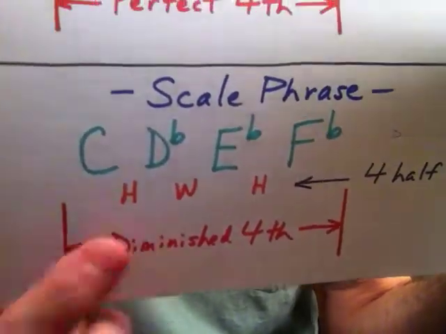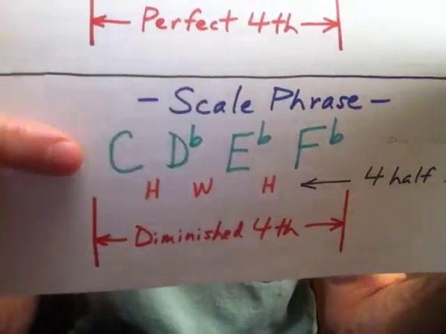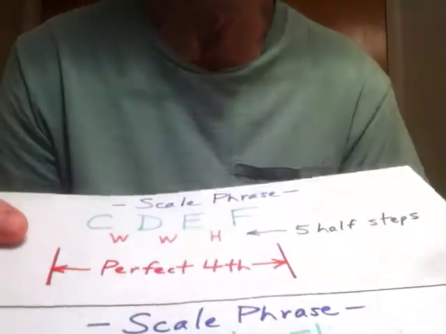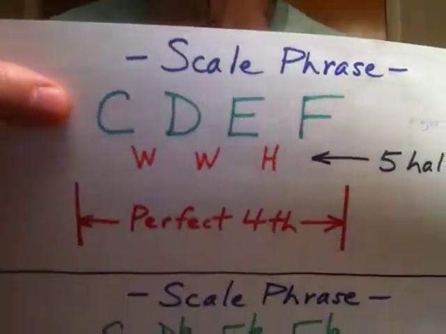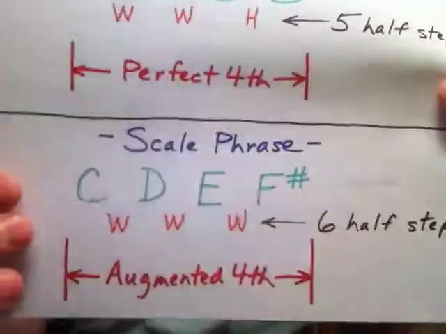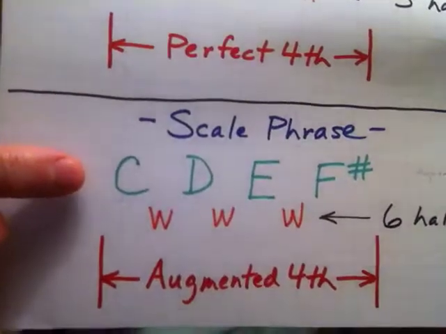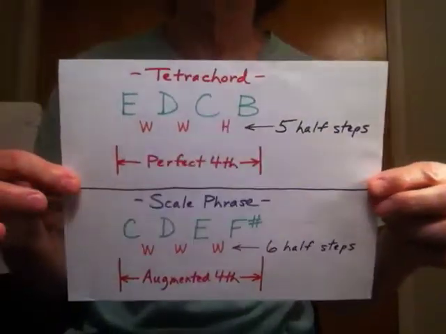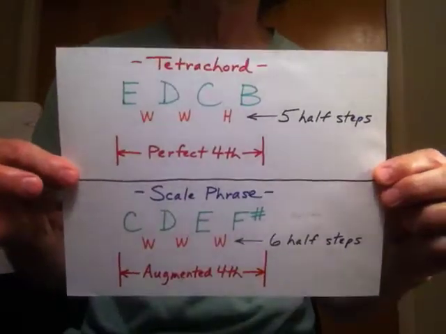As a matter of fact, I call this the diminished scale phrase. I call this the major scale phrase. We'll get into that a little bit later. And this one here, naturally, I call the augmented scale phrase. So over time, you'll get to see how this all kind of logically makes sense.